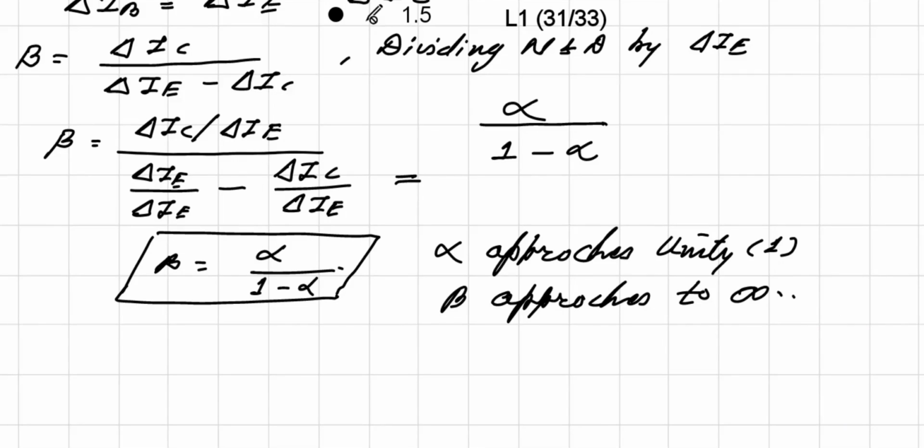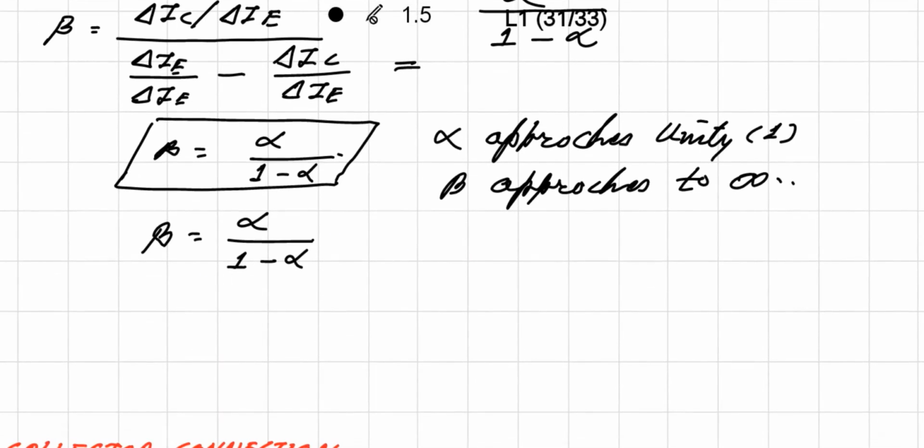Now here we know that beta is equal to alpha divided by 1 minus alpha. So from this we can write, beta into 1 minus alpha is equal to alpha.